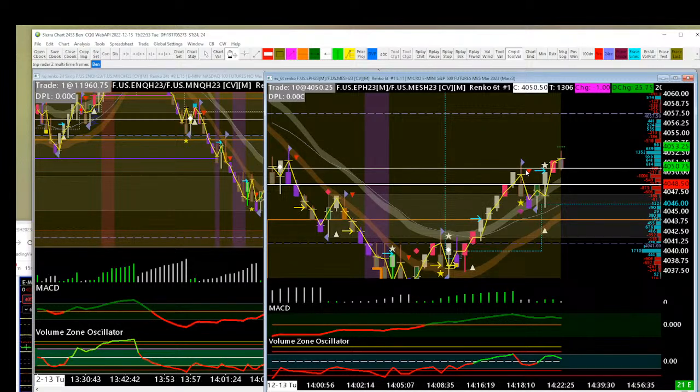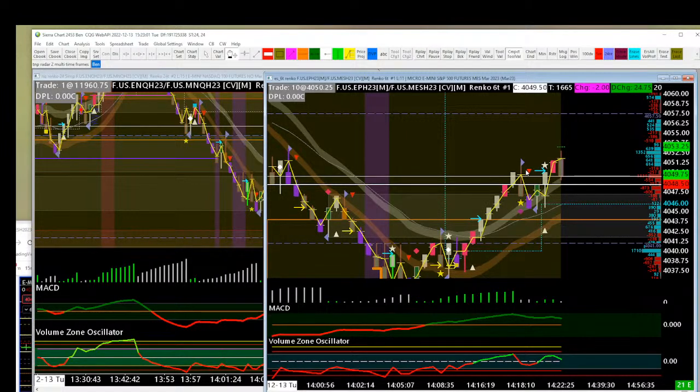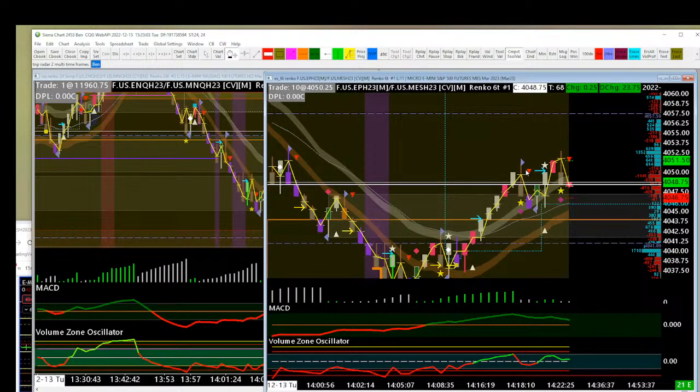Now I didn't take it, but when I do my metrics, if it sets up valid and I use discretion to pass on it, it gets added to the book at the end of the day, and we see whether my discretion was accurate or not over the course of multiple trading days.